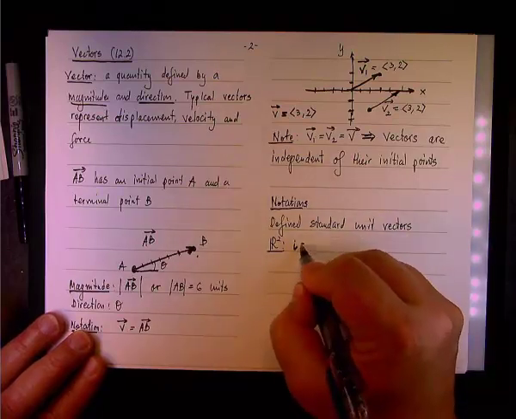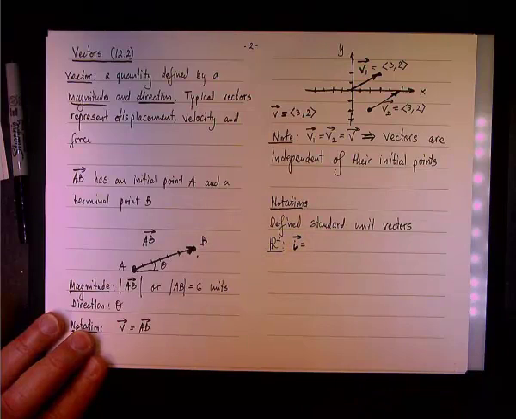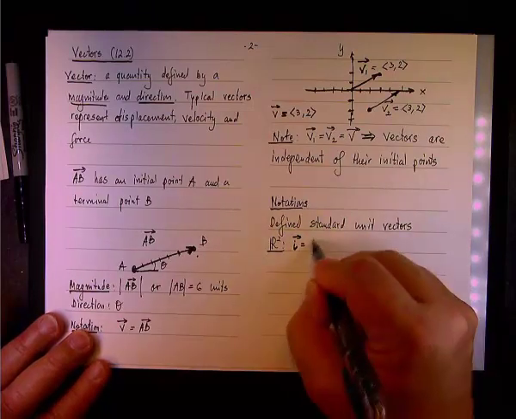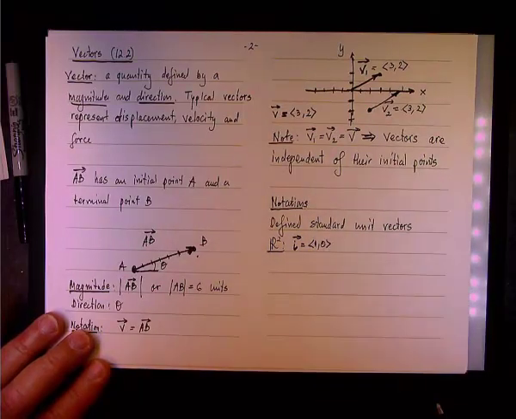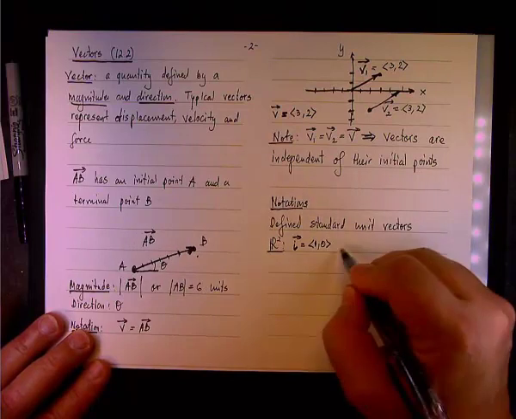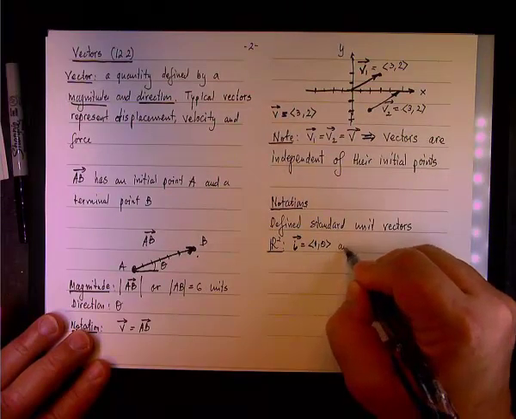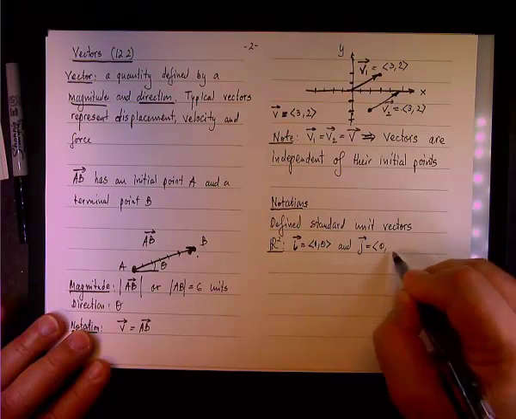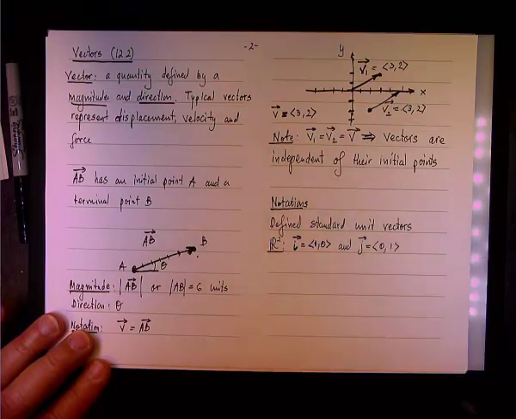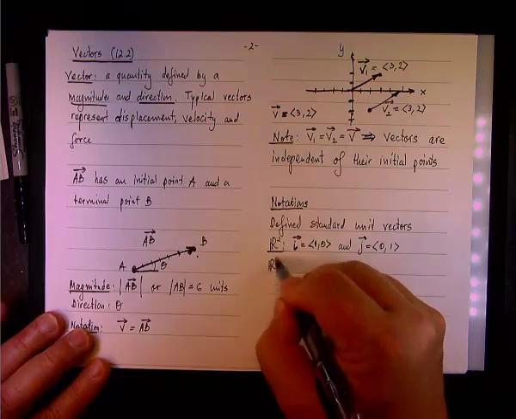So I'll define those vectors in both universes. In R2, we'll define vector i. In print it will be bold, but here I'm going to initially mark it with the arrow, but later on I'm going to drop it. It's a vector in R2 that has a component 1 in the x direction and component 0 in the y direction.